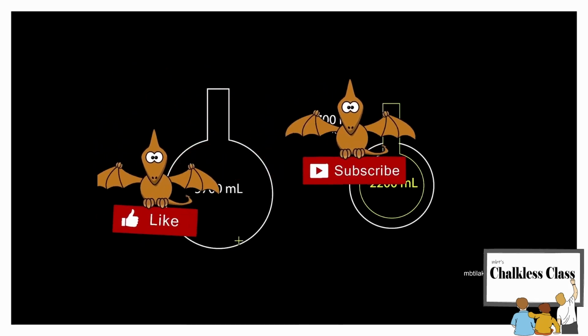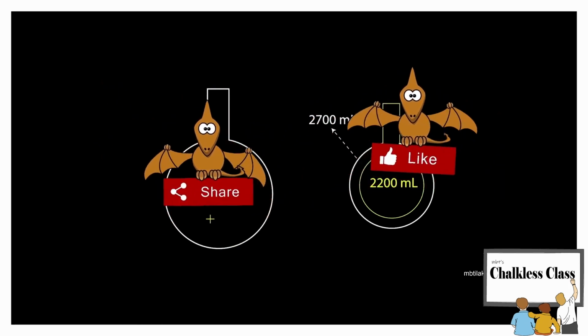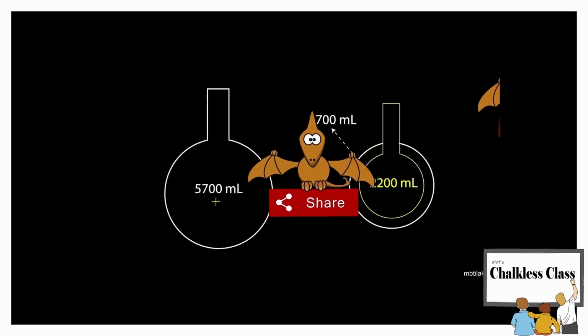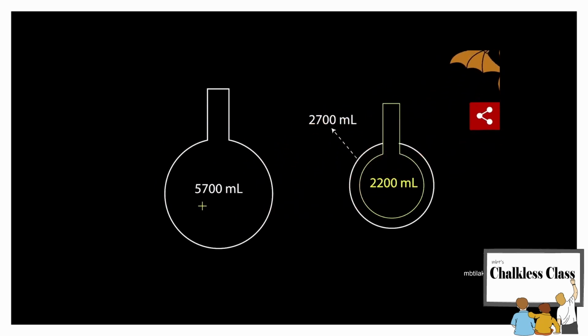In a healthy young individual, the average lung capacity is 5700 ml. That is, his lungs can hold a maximum of 5700 ml of air.